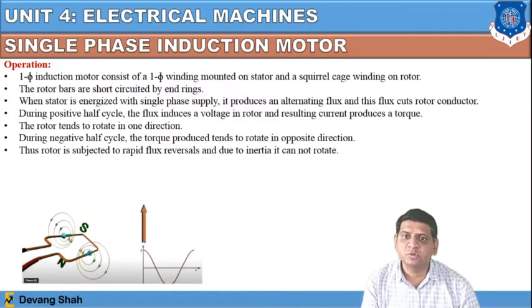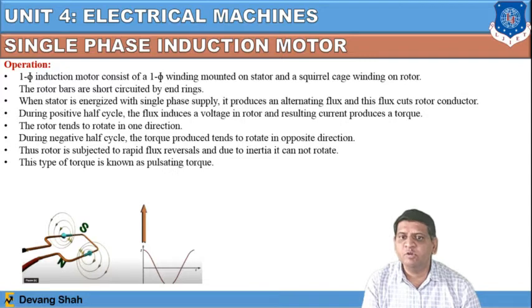Now this is the biggest problem of the single phase induction motor. As we have discussed, a three phase induction motor does not require the initial torque, but a single phase induction motor does require initial torque, because it will rotate within one full cycle in two directions. So the resultant value of flux must be equal to 0, right? Why?